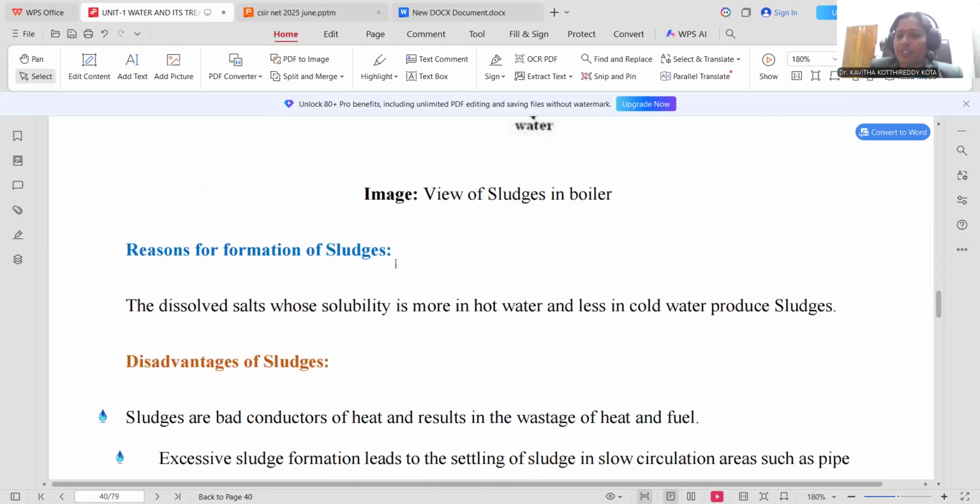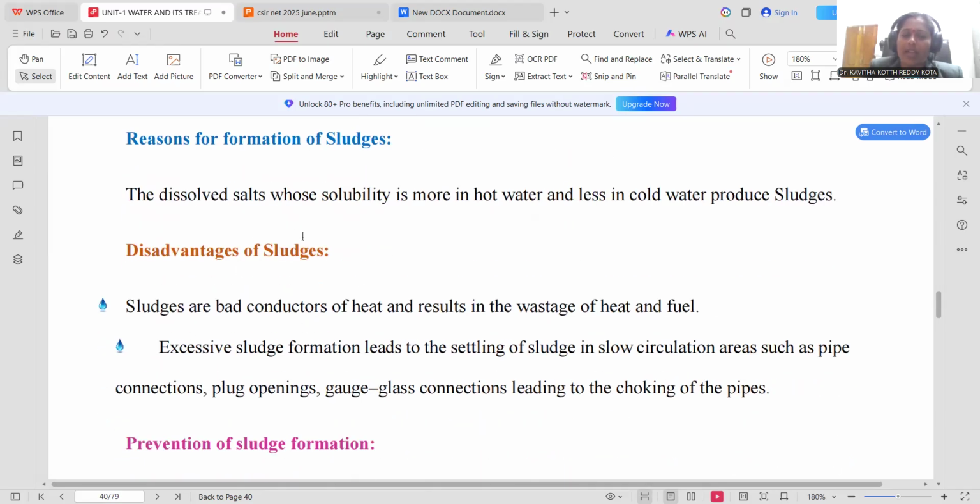Reasons for the formation of sludges. Dissolved salts whose solubility is more in hot water and less in cold water produce sludges. So sludges are generated due to the contaminants of magnesium and calcium chloride. Whenever they are present, they form such a loosely bonded material called sludge. What happens if sludge is generated within the boiler body?